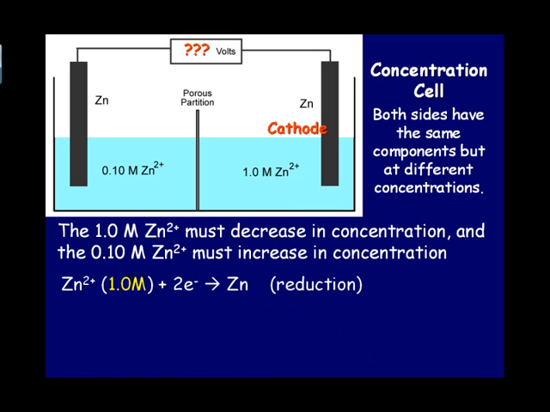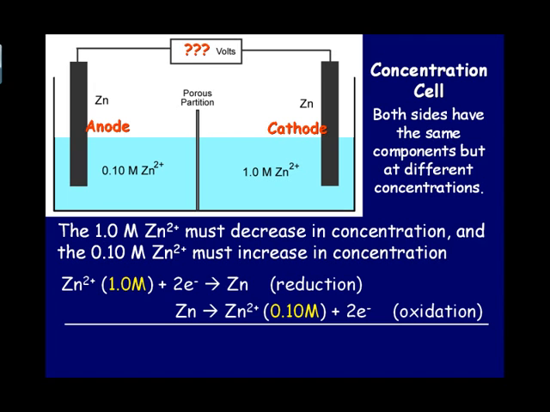So the 1 molar zinc 2+ must decrease in concentration, and the 0.1 M zinc 2+ must increase in concentration. So notice that the 1 molar side is gaining the electrons, and the 0.1 molar side is losing electrons. So that kind of makes sense.